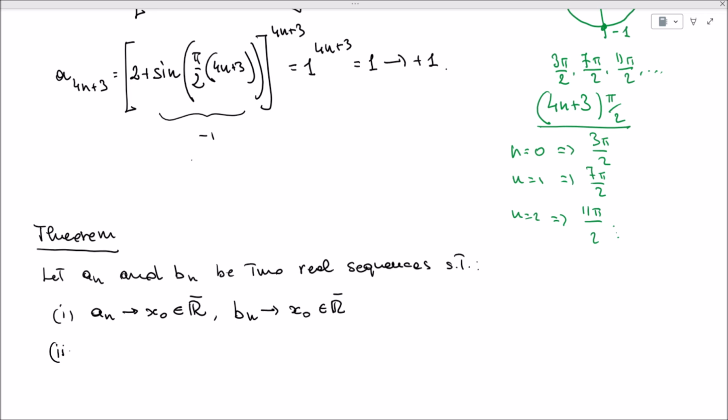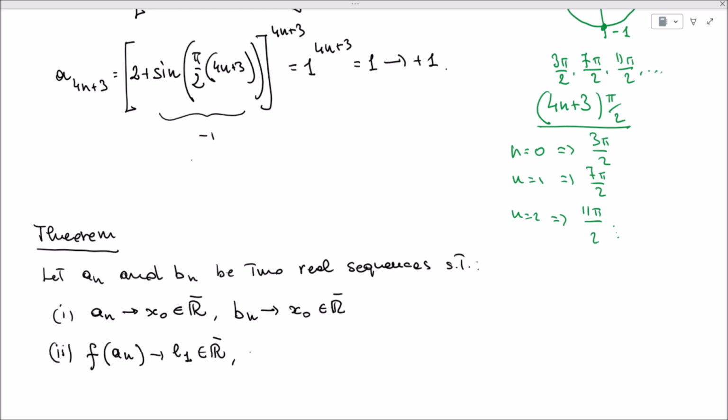Now, the second condition is that the function f evaluated at the elements of the first sequence, f of an, tends to a limit L1 in the extended real line. Again, this can be finite or infinite.